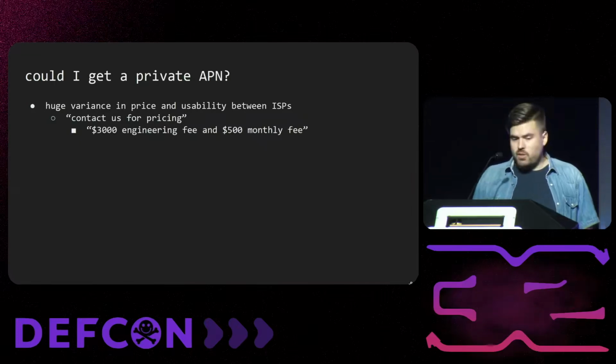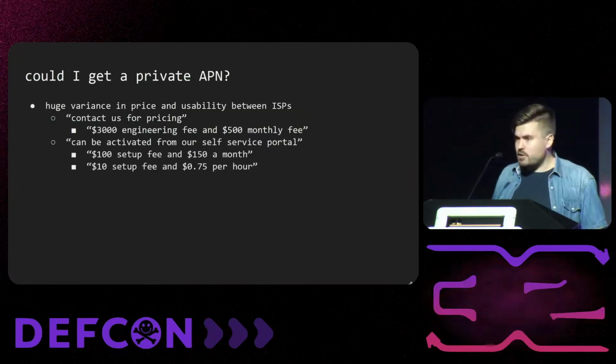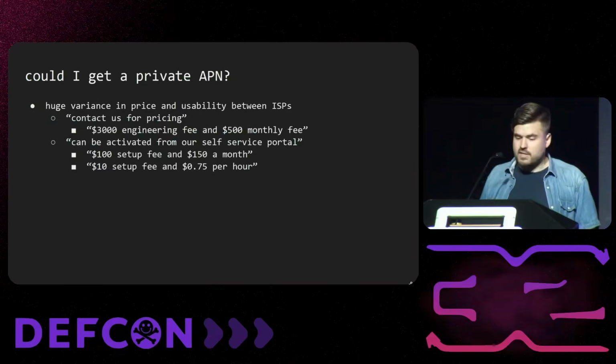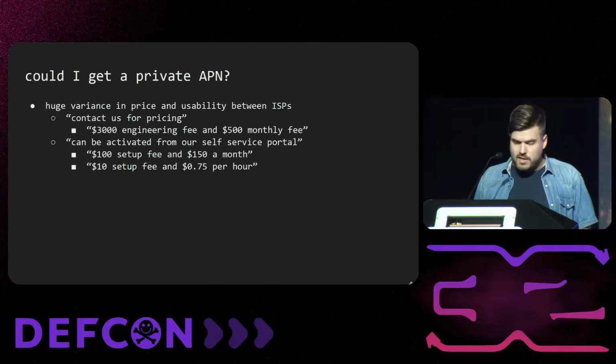The next place was also contact us for pricing, but I was pleasantly surprised. They said, just go to our self-service portal and activate it and you're good to go. They had a $100 USD setup fee and $150 a month, so this is completely doable. Another place has a $10 setup fee and 75 cents per hour. So there are different pricing models.